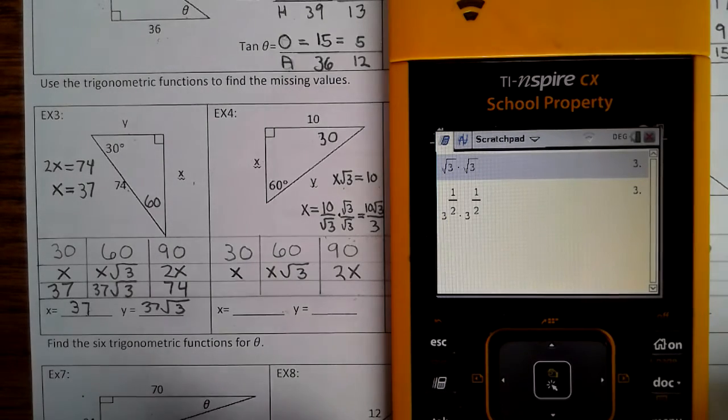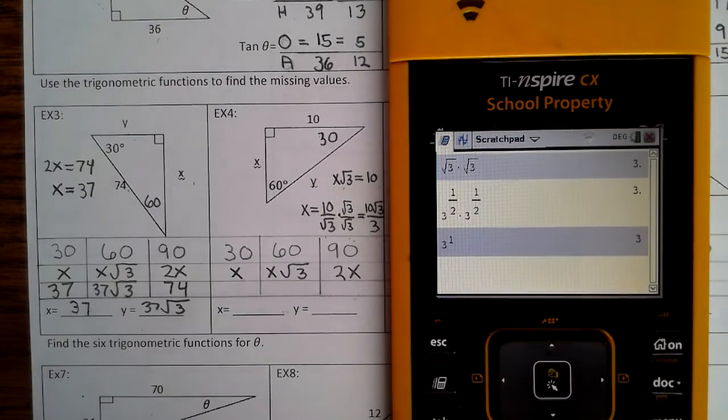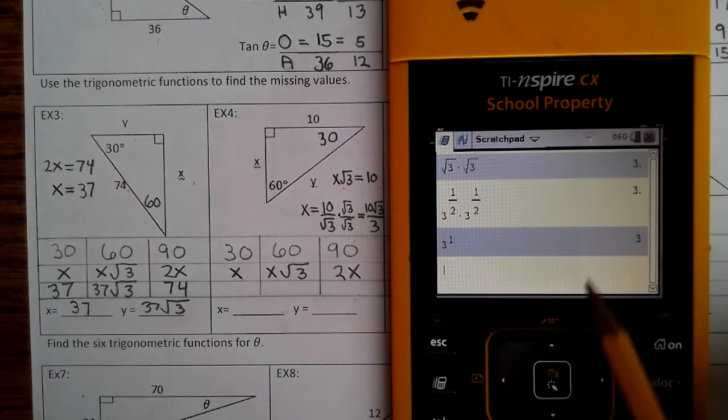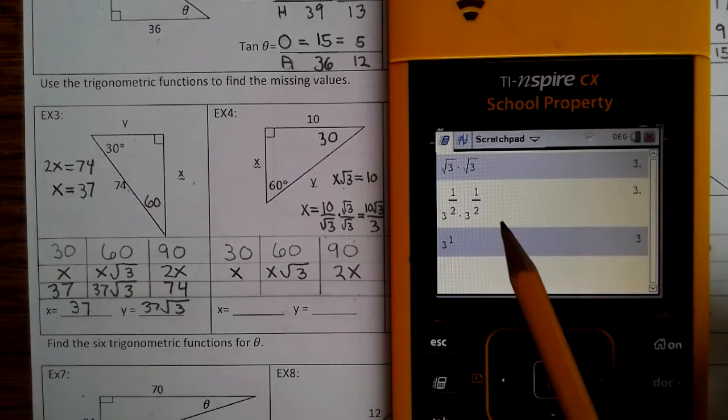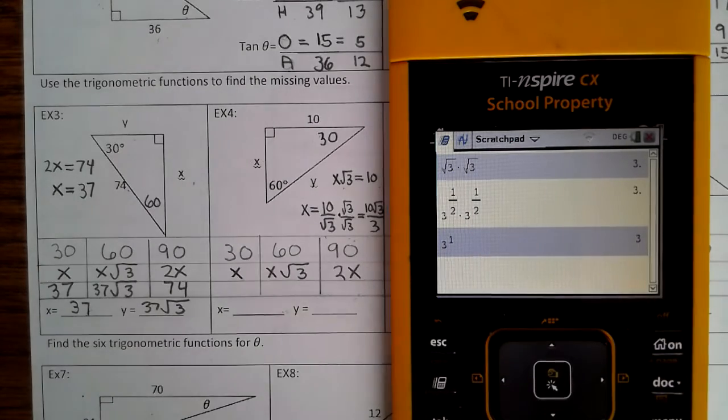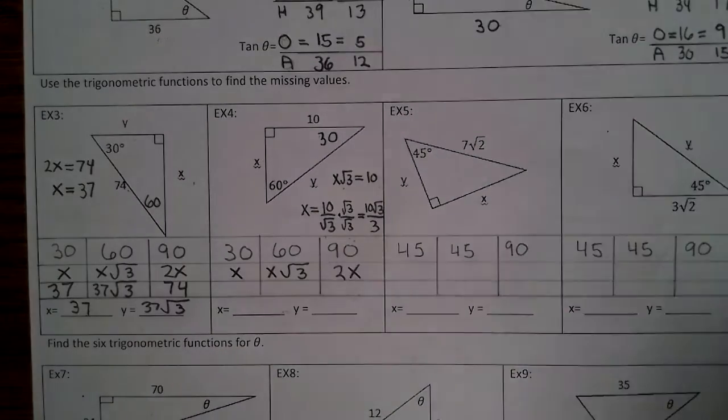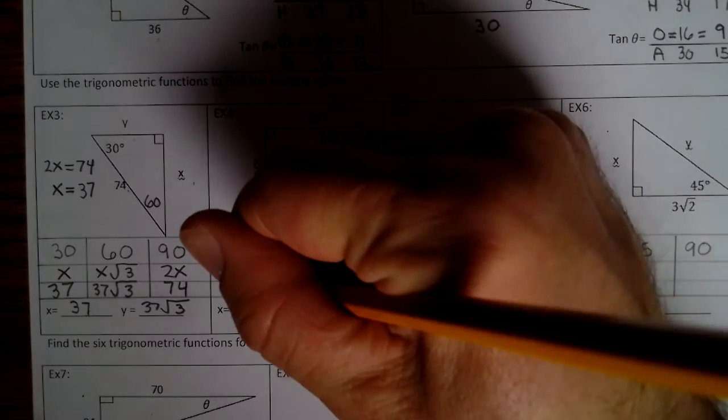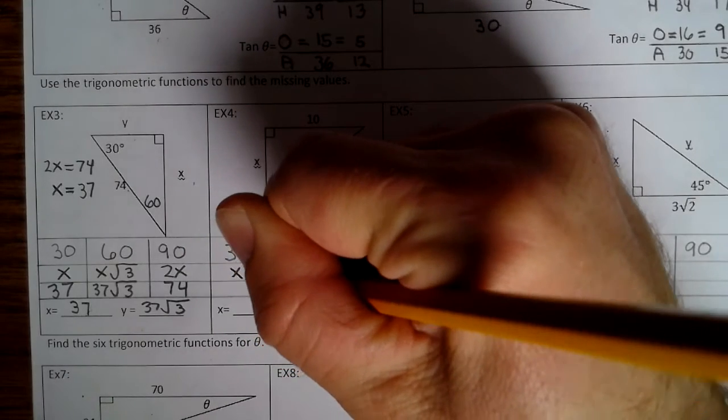So you want to be careful using the equal sign and true or false, because sometimes it will say false, but really it's true. You see that these are equivalent. So basically that's why you get 3. All right, so now we know that this is 10 square roots of 3 divided by 3.